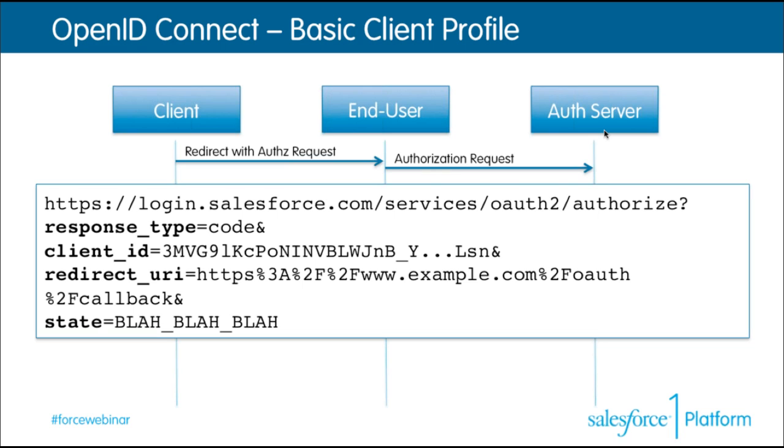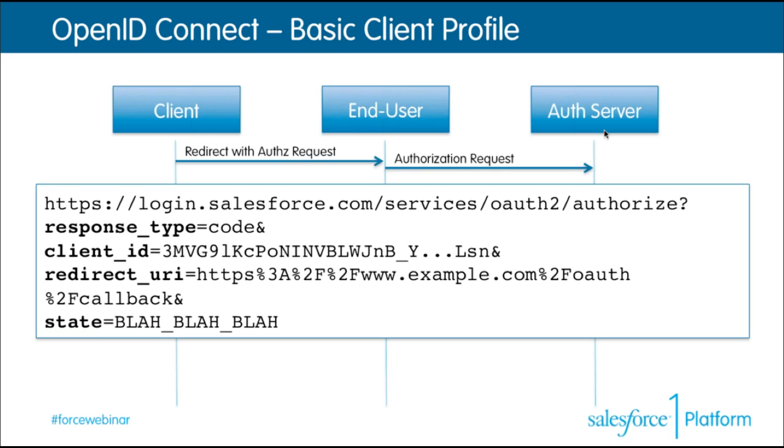And we are going through the authorization code flow. This is the variant of OAuth 2 that we use in this scenario. We've got an identifier there for the client app, that client ID, and a redirect URI for where we want the response to come back to. We can also pass state. So as the client, you might have some context that you want to keep when you get that reply back later.